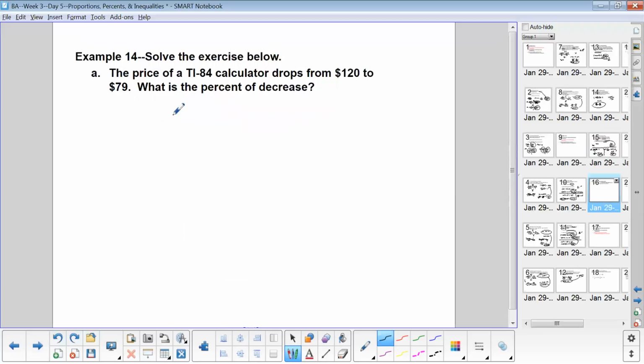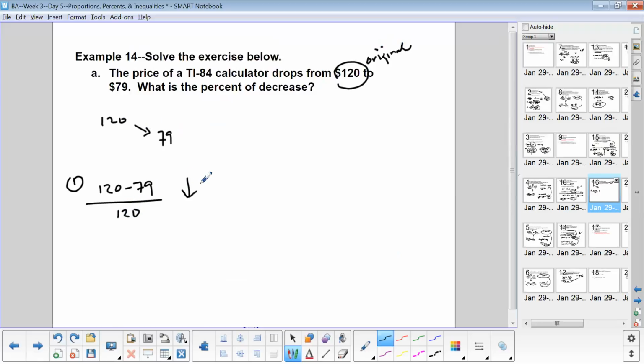Here we've got the price of a TI-84 calculator. It dropped from $120 down to $79. So if we looked at method A that we looked at before, we would take the difference of the two. So take 120 minus 79, and we're going to divide it by the original. The original was 120. So we know it dropped. So we know this is going to be a decrease.